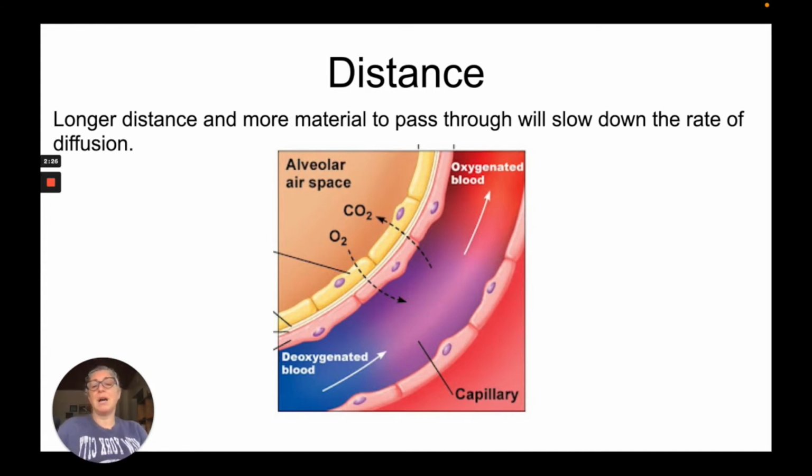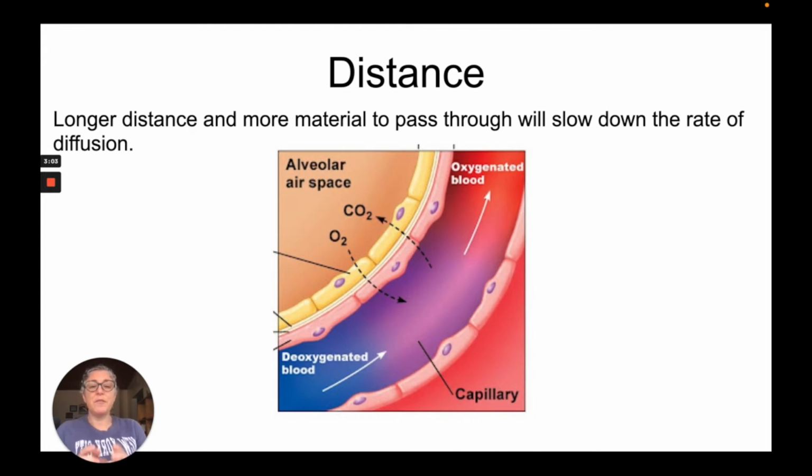In this case, the oxygen is going to dissolve in a moisture layer in the alveoli, diffuse through the alveoli wall cell, and then diffuse through the capillary wall cell, and then be pumped away on a red blood cell. In the same way, just conversely, the carbon dioxide, which is already dissolved in the blood plasma, will move through the capillary cell wall, through the alveoli cell wall, and then will be converted into a gas molecule so it can be exhaled out of the body.